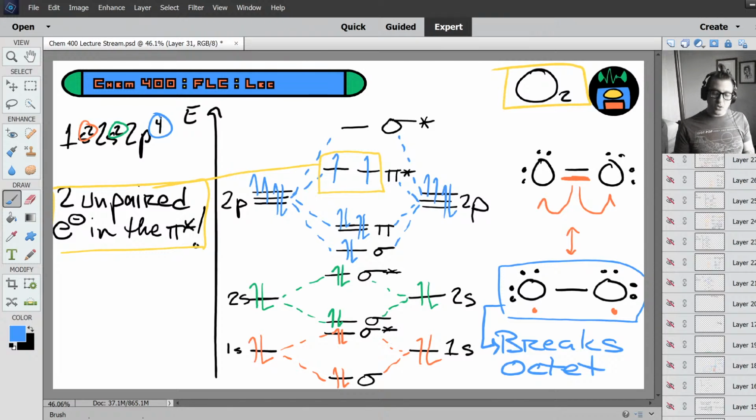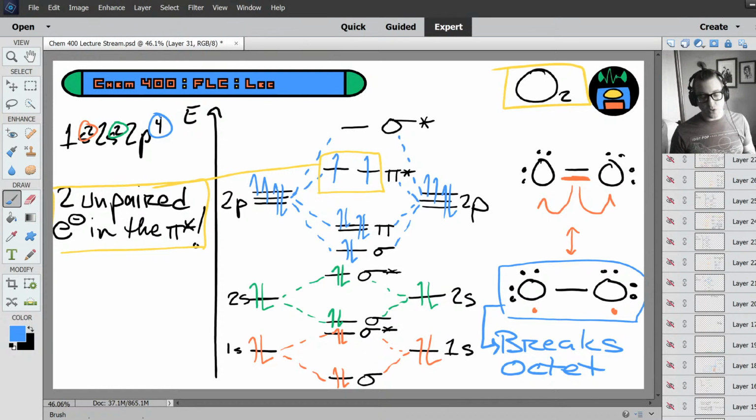Only in the molecular orbital diagram do you get the full picture. Do you have oxygen with a completed octet and 2 unpaired electrons? Also, you'll notice that in one of the 2 Lewis structures you have a bond order of 2, and in the other you have a bond order of 1 and 2 unpaired electrons.